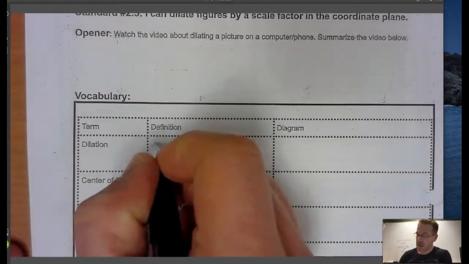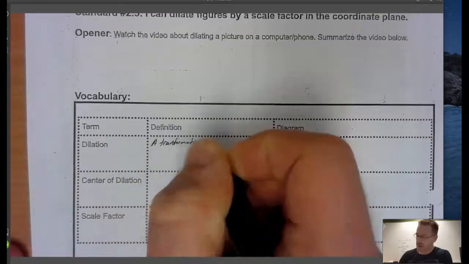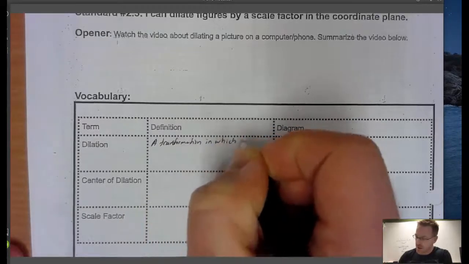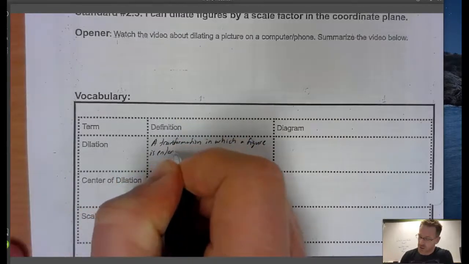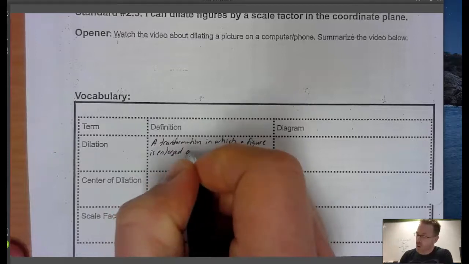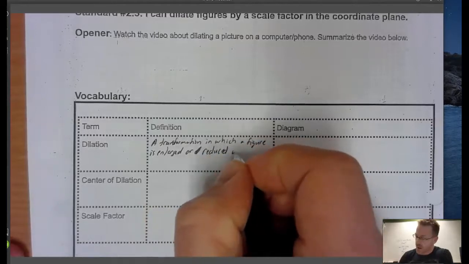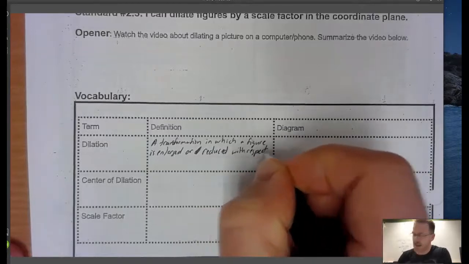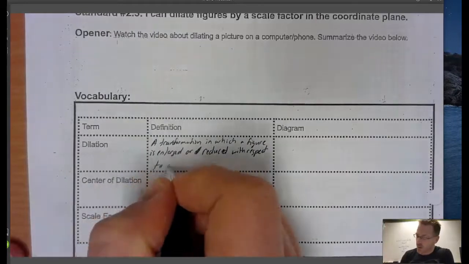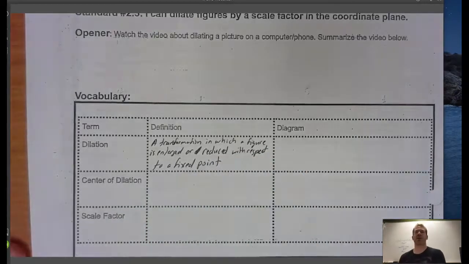So a dilation is a transformation in which a figure is enlarged or reduced with respect to a fixed point.